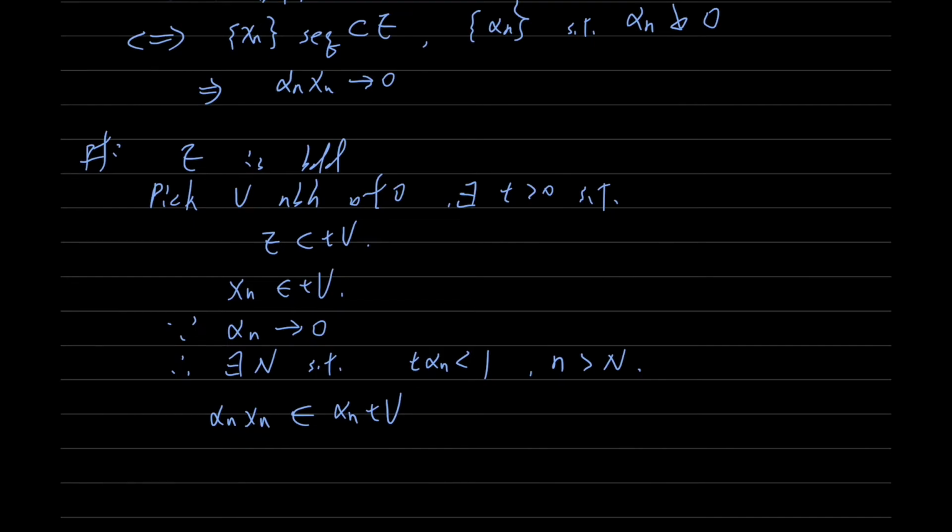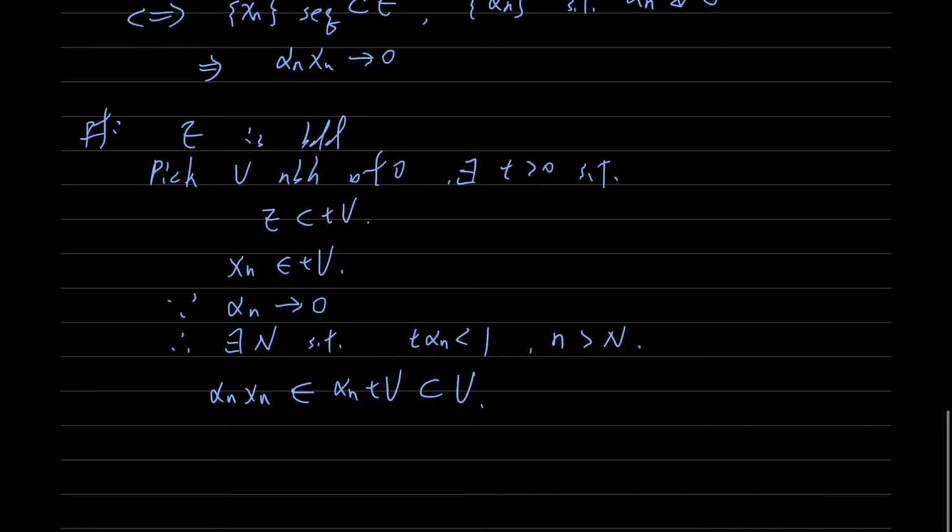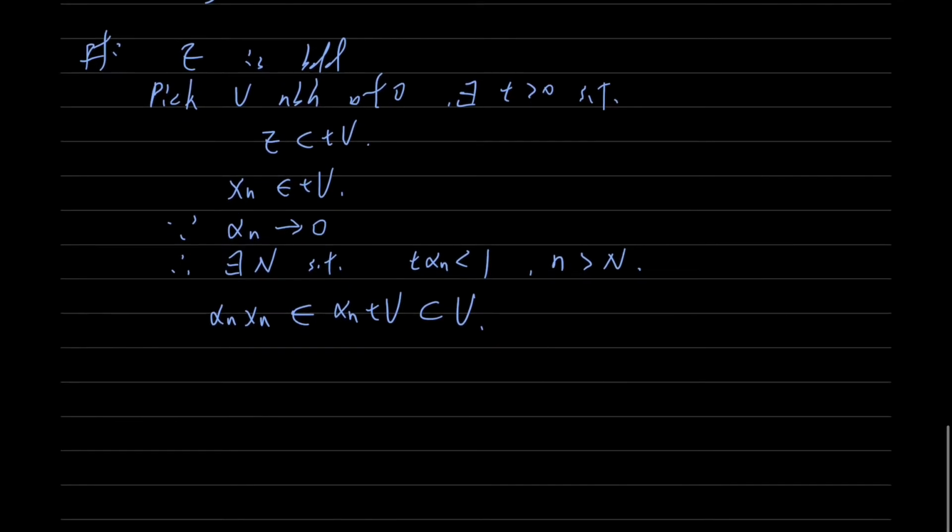Because alpha n t is smaller than 1, this will be inside V. And because this is true for any neighborhood, this implies that the sequence converges to 0.